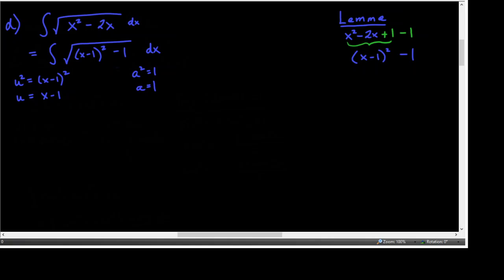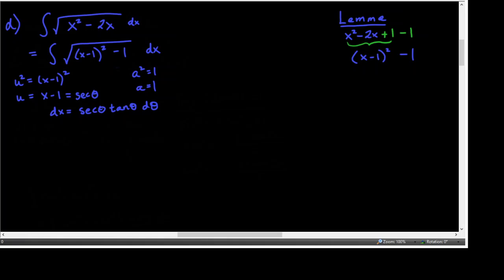And if you'll recall, the u squared minus a squared case uses the substitution u equals a, which in this case is 1, secant of theta. So if I take the derivative on both sides, the derivative of x minus 1 is 1 times dx, and the derivative of secant theta is secant theta tangent theta d theta.